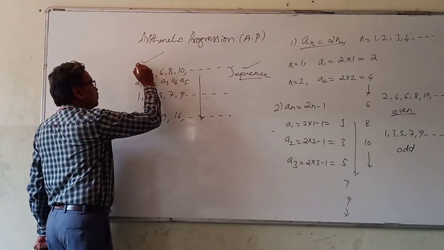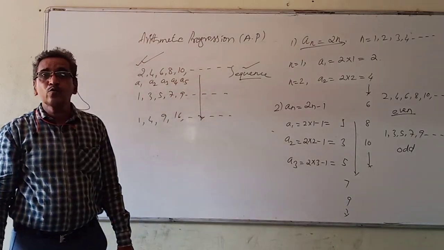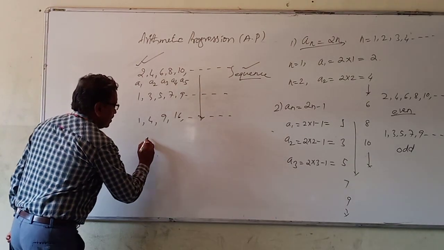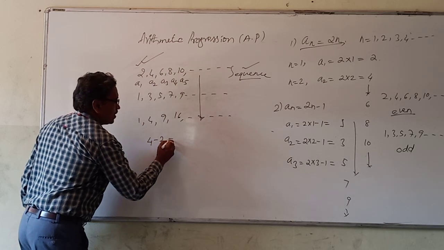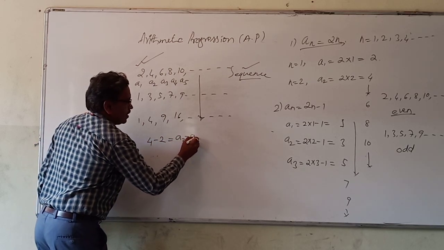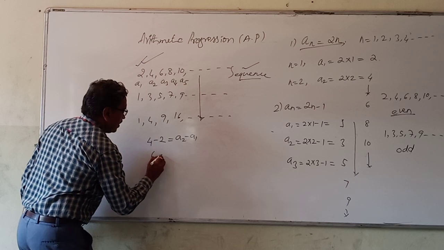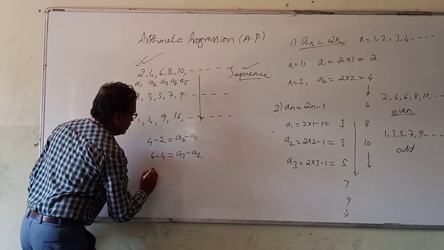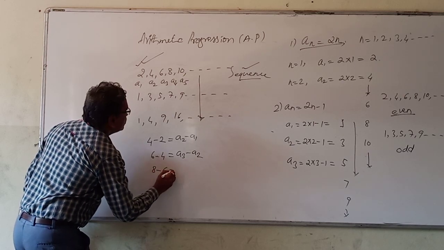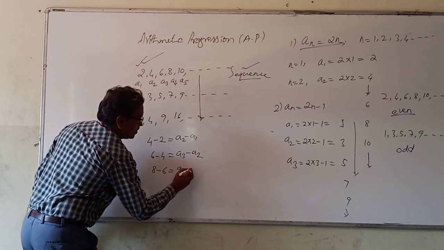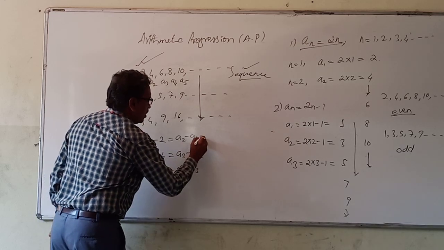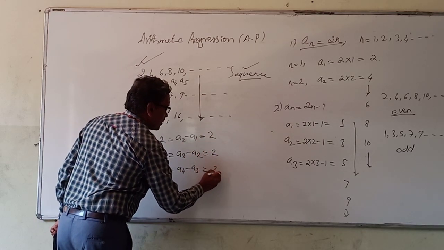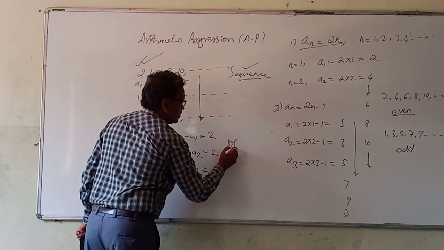Except the first term, we are going to take the remaining terms of the sequence. 4 minus 2, which is a2 minus a1. 6 minus 4, which is a3 minus a2. 8 minus 6, which is a4 minus a3. All are 2. So what can we tell about this? Difference.